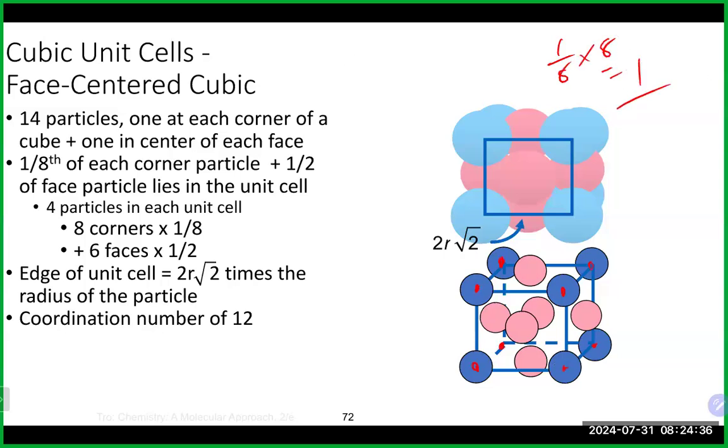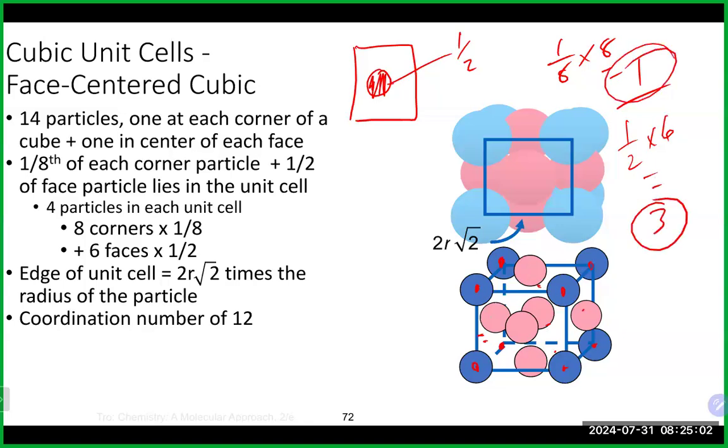Different on this one is that on every face of our cube, we have an atom stuck in the middle, which basically means it gets sliced in half. So you have half an atom on each face of the cube. And since there are, I believe, 6 faces on a cube, 1/2 times 6 gives you 3 more atoms for a grand total of 4 atoms if you add them together.